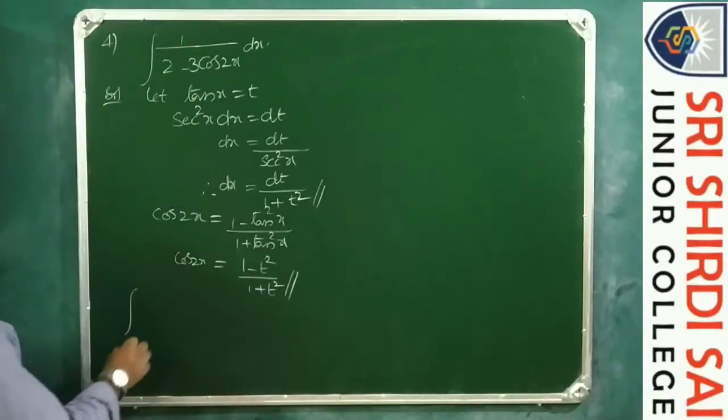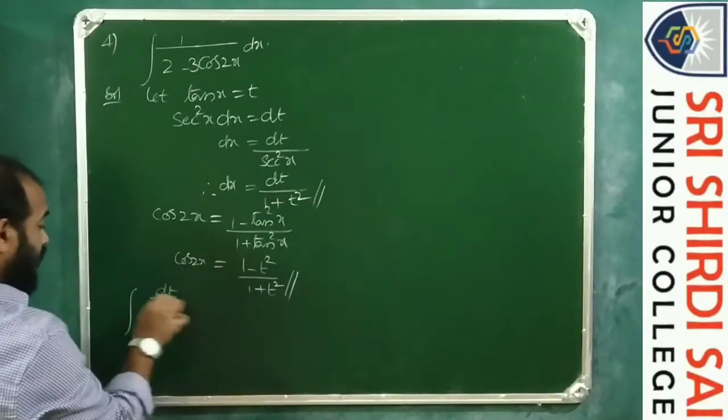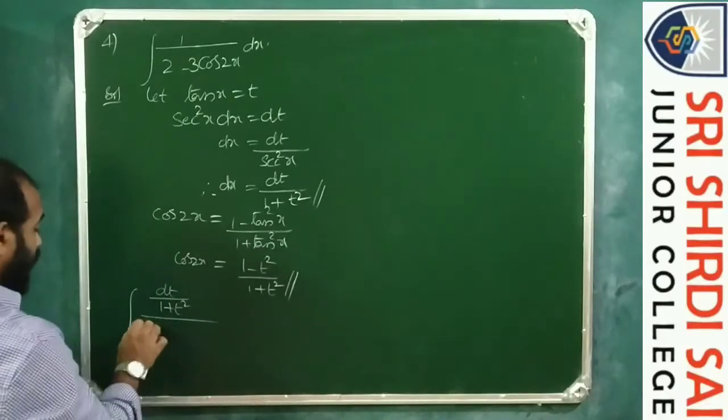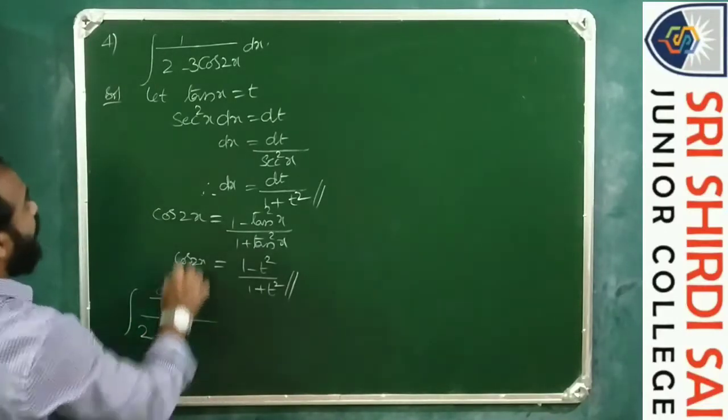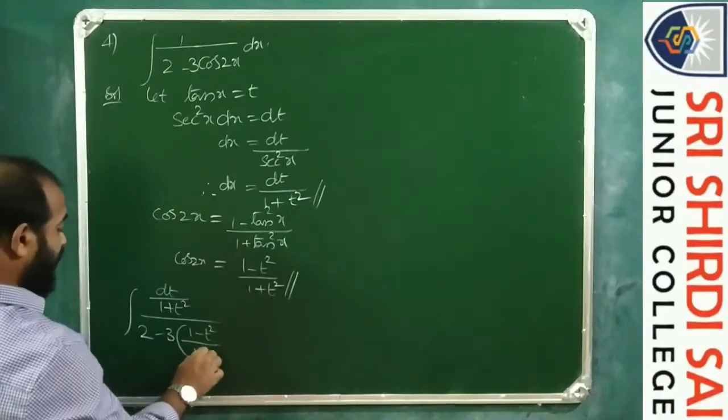Integral, dx is dt by 1 plus t square, by 2 minus 3 into cos 2x, which is 1 minus t square by 1 plus t square.